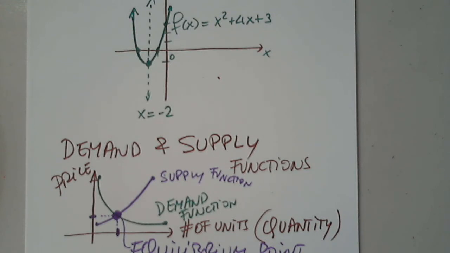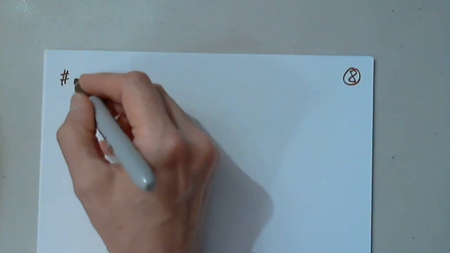Very good question. So let's choose a demand and supply and find the equilibrium point, when supposedly everybody is happy. Which one? 79. Did you say 79? Okay, very good.